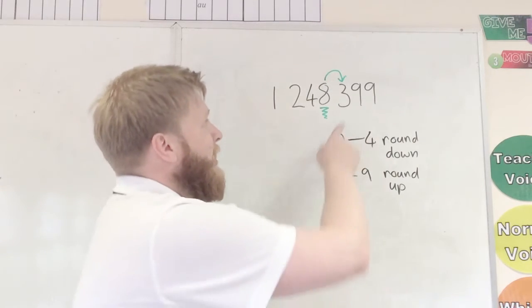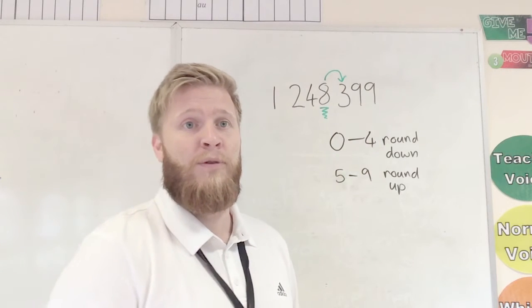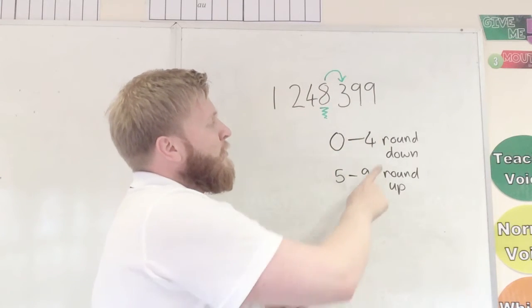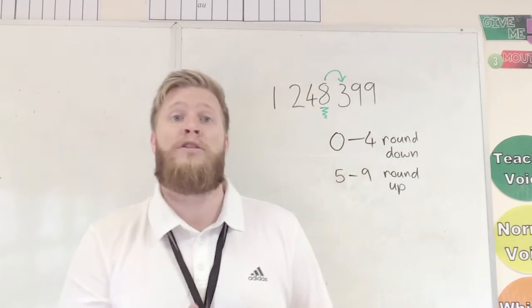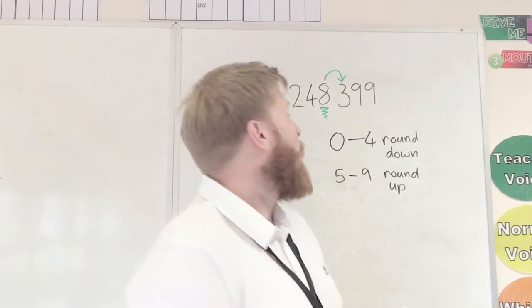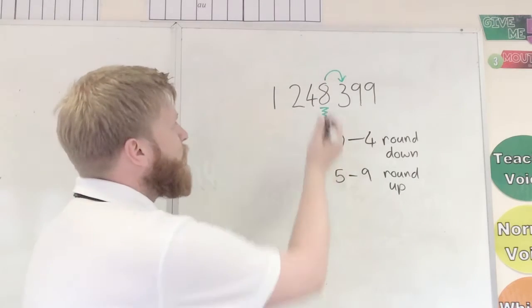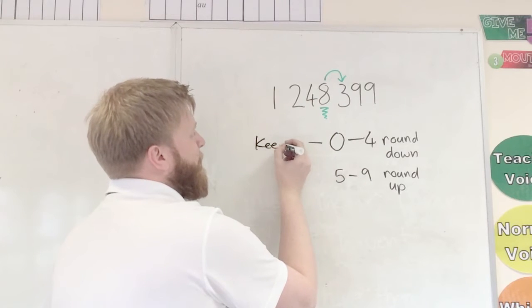So we can look at this one here, it is a number 3, so we're going to round down. On this one, you've got a 3 right next to the number that we're rounding to, so we know we're going to round down. So we know which way we're rounding, now we need to know what to do. Because we're rounding down, what we do is we keep the number the same.